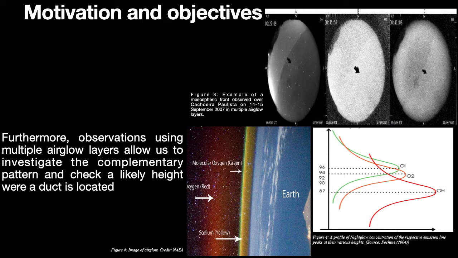OH comes from about 87 kilometers, O2 from 84 kilometers altitude, and the OI 5577 from 93 kilometers altitude. When the bore propagates through these layers, we can observe different patterns in the images, as we can see here on the right top, and based on this complementary pattern we can decide at which altitude is the duct where the front is propagating.